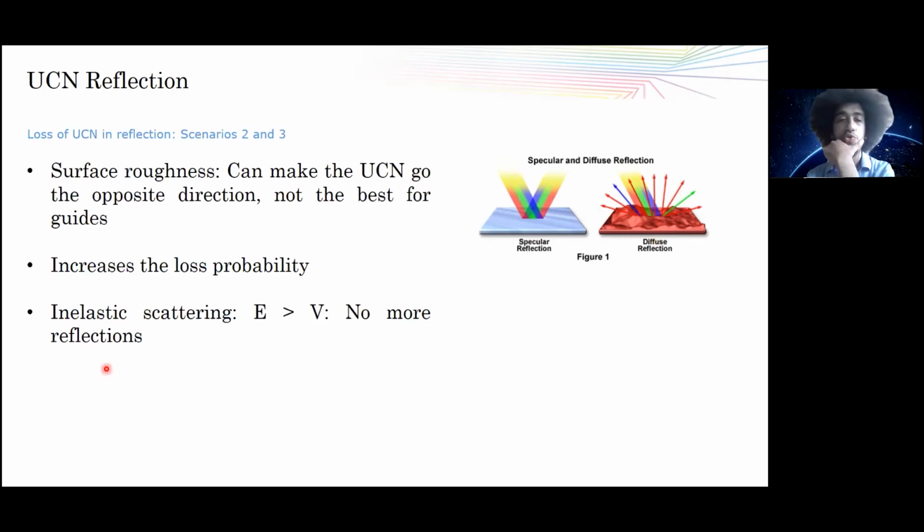And the third scenario of loss is one that I think has been mentioned way too many times during these seminars, so I'm not even going to put a figure for it, which is the inelastic scattering of neutrons. And so your sample gives the energy and you have no more reflection because your cold neutron just goes straight through your material, basically.